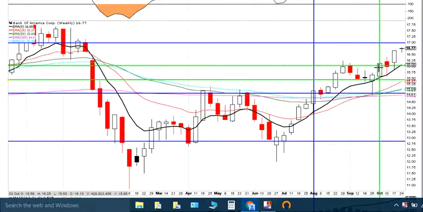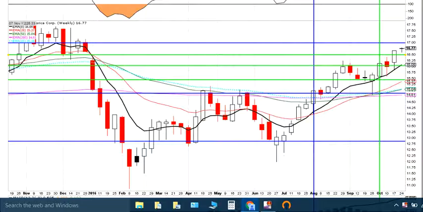So that gives us 50 cents. So the first step will be at 16.50, and it went ahead and crossed over that today. And the next cross, another 50 cents, will be at $17. So I'm very confident that this stock will hover between $16.80 and $17, and that will be your sell range.